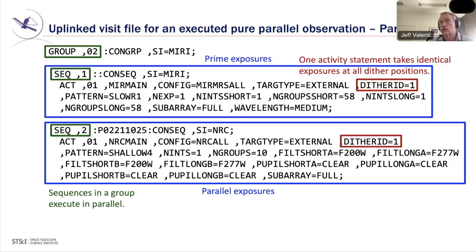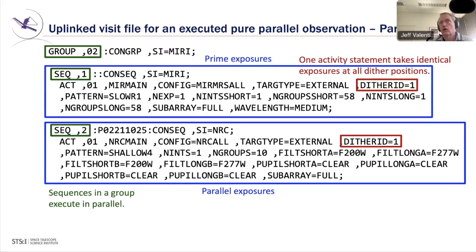And it's going to take an exposure at each of the dither positions at the same time MIRI is doing its exposures. MIRI is going to do whatever it needs to do, setting up and getting ready to take the exposure. And then when MIRI starts its exposure, the onboard scripts will start the NearCam exposure as well.